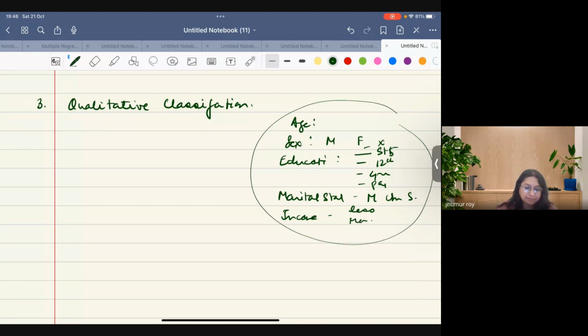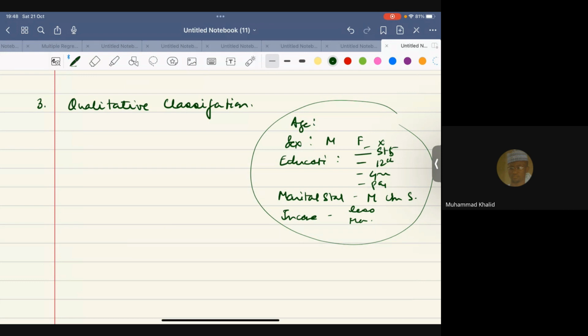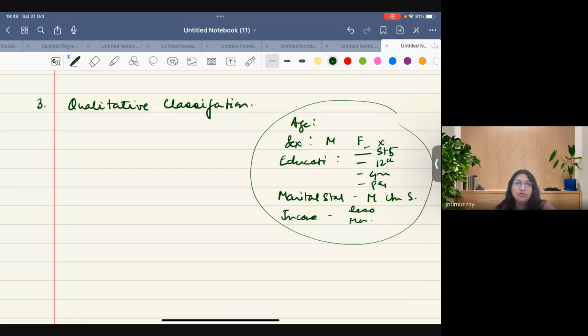This kind of data is very important, because sometimes, when you want to do any kind of study, you will ask, is there a difference between males and females and their online shopping behavior? So you want to find out whether male and female will have differences in online shopping.